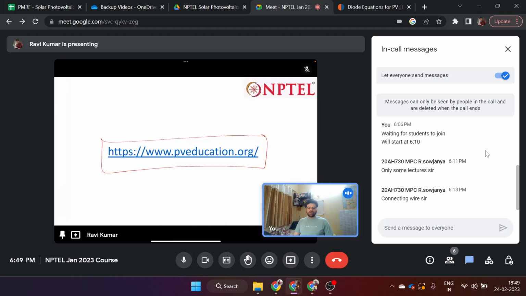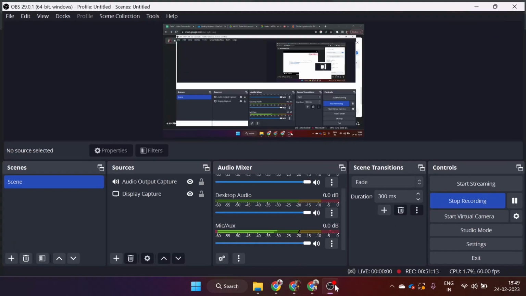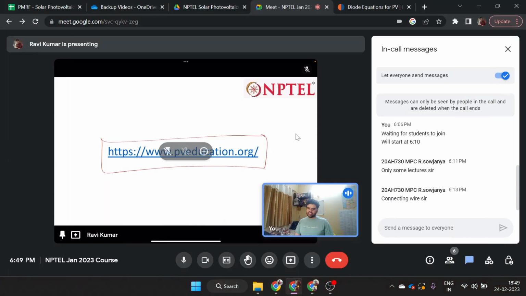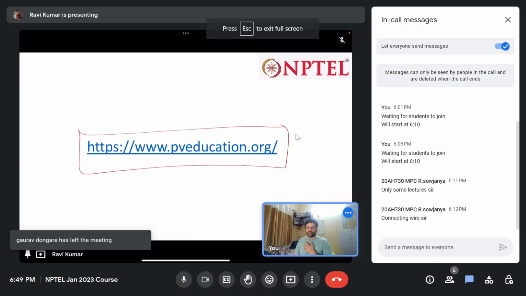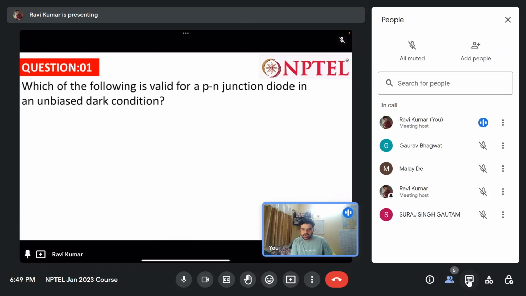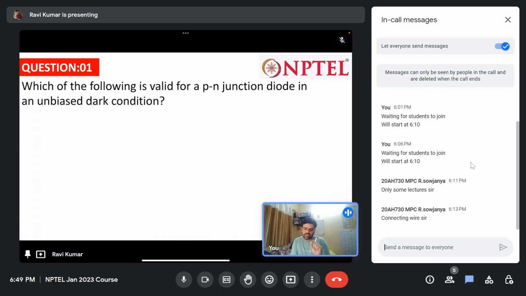So now we will solve a few questions based on all these things we have studied. Let's see, the first question says, and I want you to write in the chat box your answer: A, B, C or D. Which of the following is valid for a PN junction diode in unbiased dark condition?